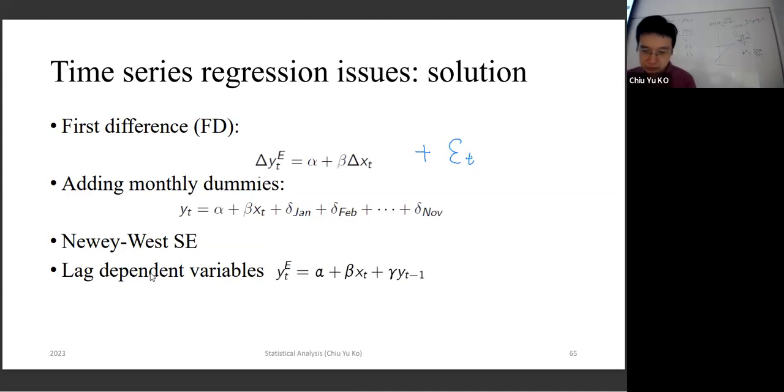And the last thing is you run the regression, but also include the Y lag over here, to control how the past affects the future.